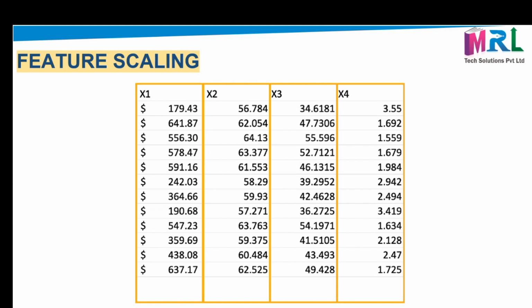Last class we saw the encoding process, where we encode when we have characters like yes or no or cities. But here we have to scale because the values are in different ranges.